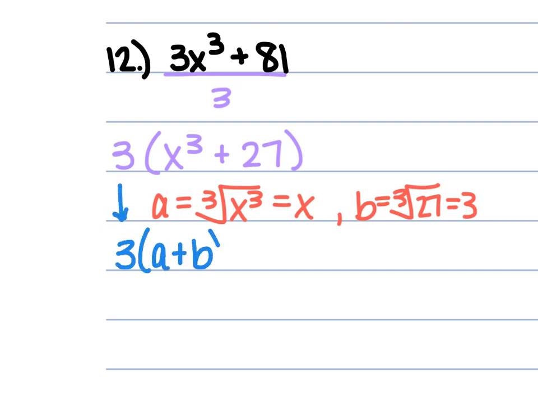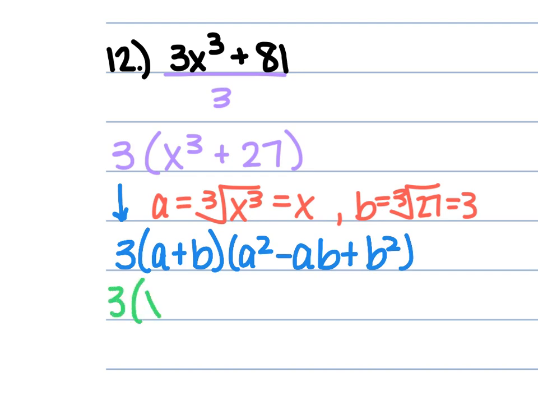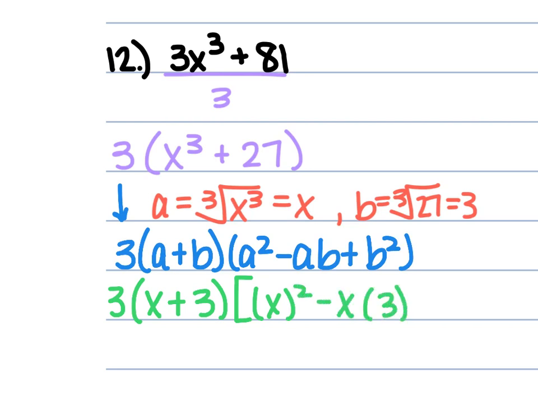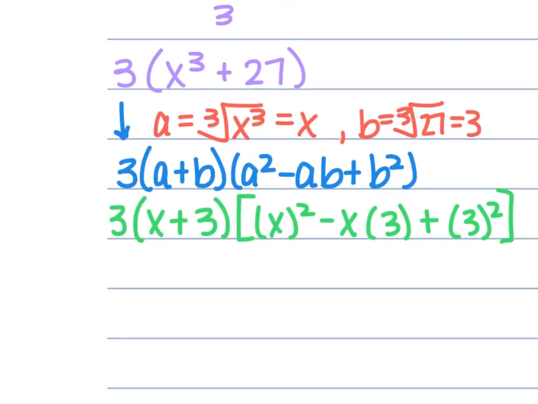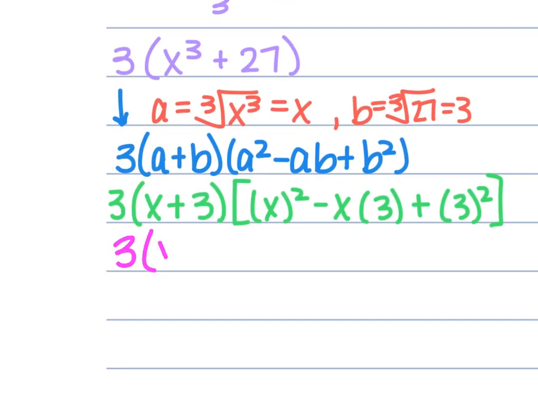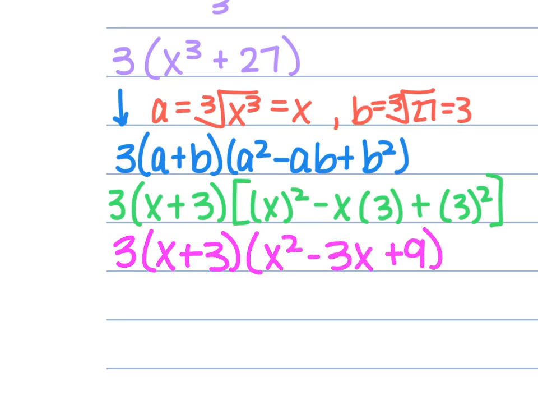So a plus b times a squared minus ab plus b squared. Plug in, we're going to have 3 times x plus 3 times x squared minus x times 3 plus 3 squared. So simplify this. This is going to leave us with 3 times x plus 3 times x squared minus 3x plus 9.